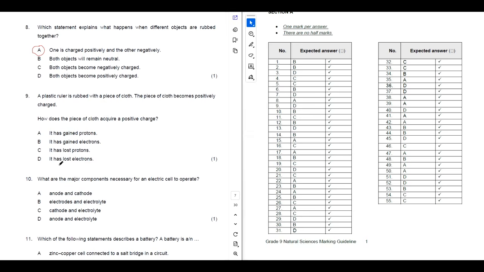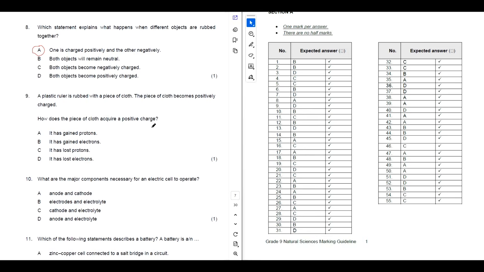Question 9 says that a plastic ruler is rubbed with a piece of cloth, and the piece of cloth becomes positively charged. Okay, so now our question says, how does the piece of cloth acquire a positive charge?